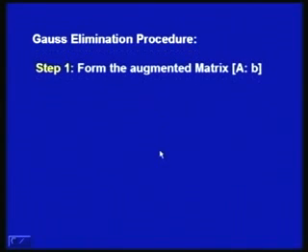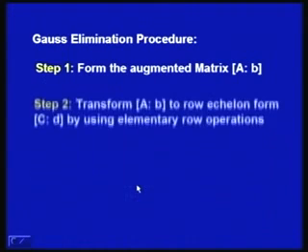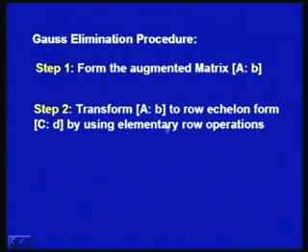So, the Gauss elimination procedure, this procedure was given by Gauss, uses this concept. The first step is to form the augmented matrix from the given system of equations. Second step is to transform the augmented matrix AB to row echelon form CD by using elementary row transformations, and here we have actually used that theorem that after transforming AB to CD in a simpler form, the solution of the two systems remains the same.